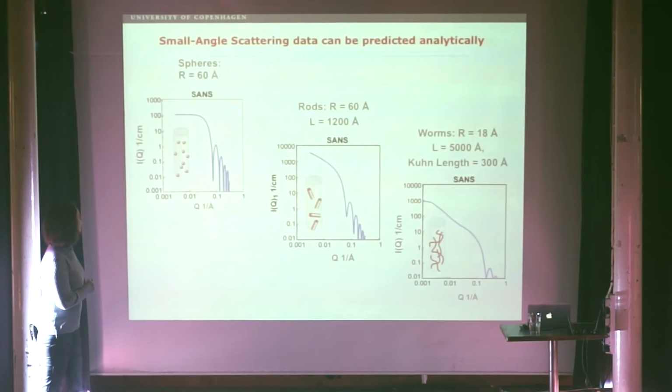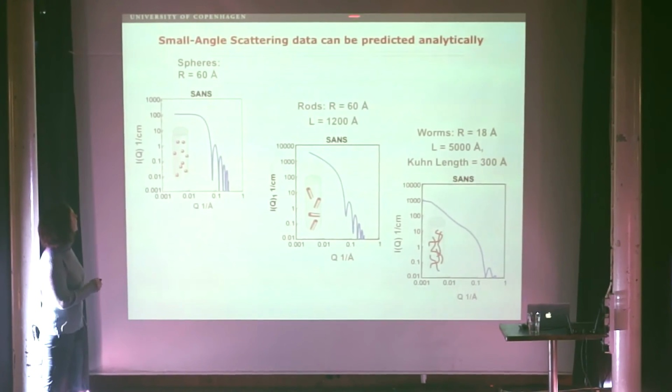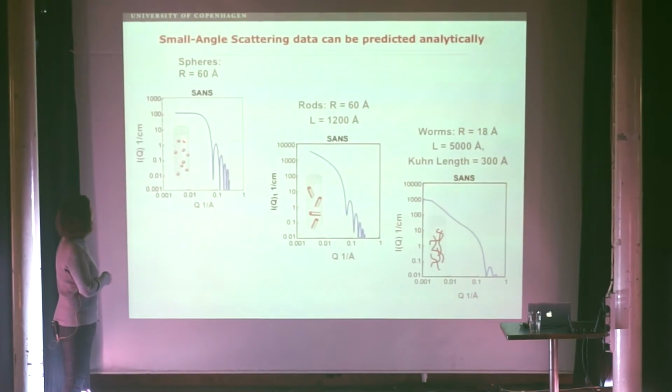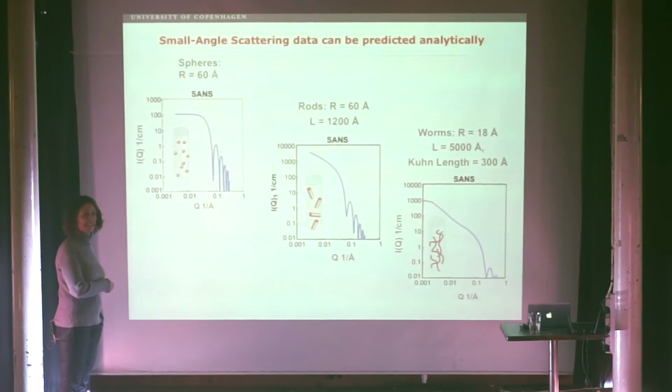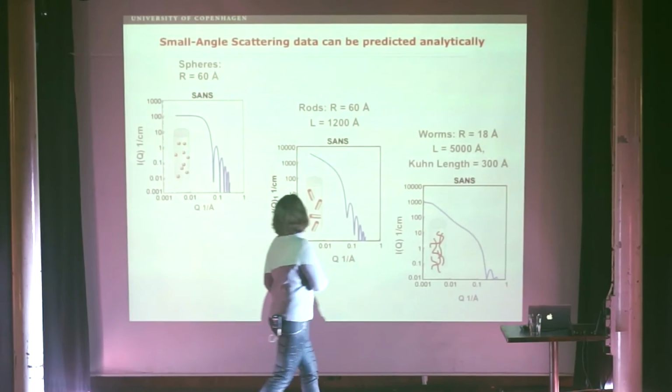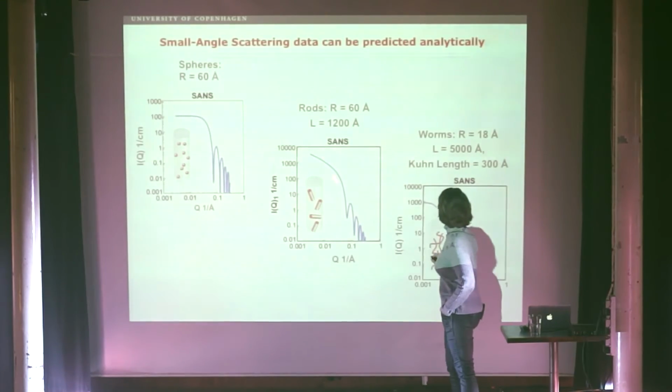The big advantage of small-angle scattering is that we can actually predict what our data look like. So if I had a test tube of little spherical particles of 60 angstroms, then I can calculate that my small-angle scattering data would look exactly like this. That's really nice. If I had rod-like particles, the scattering pattern would look like this.